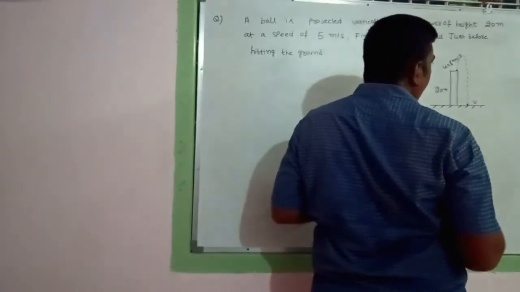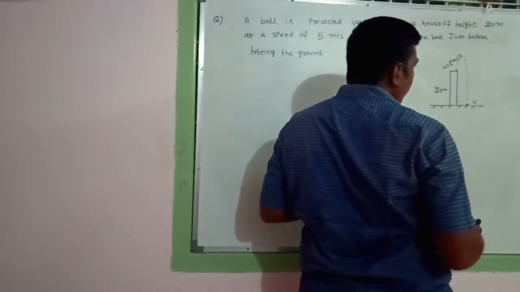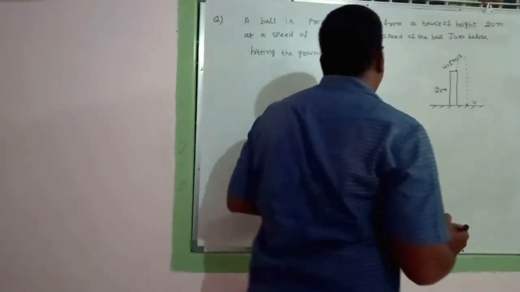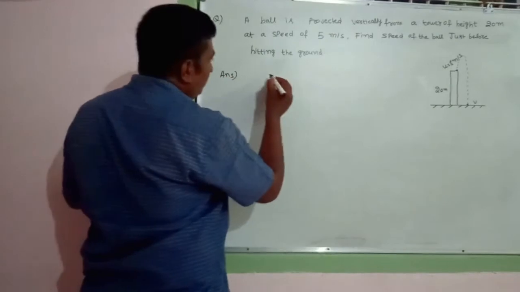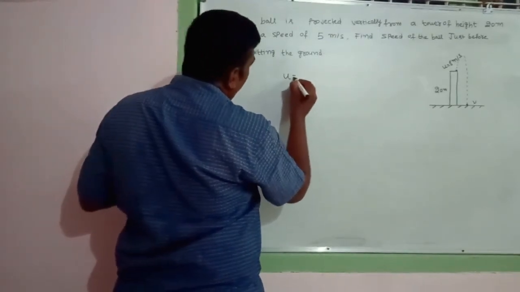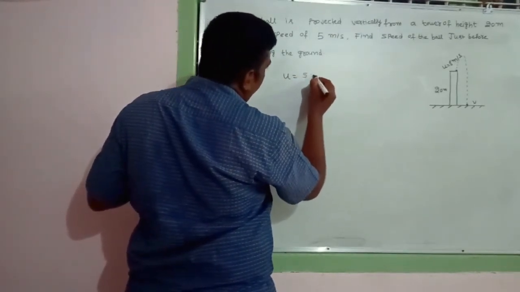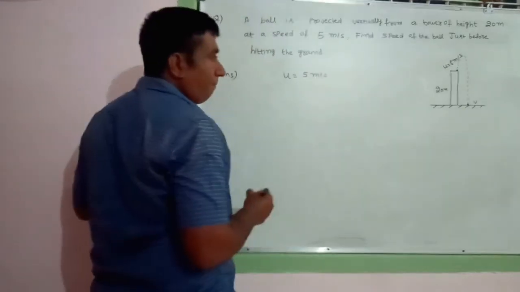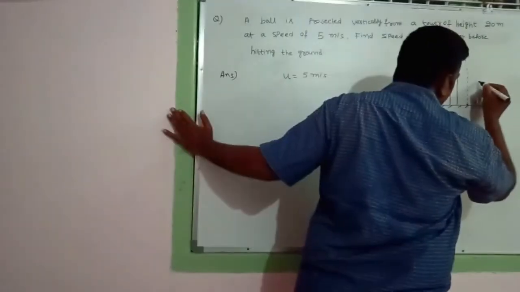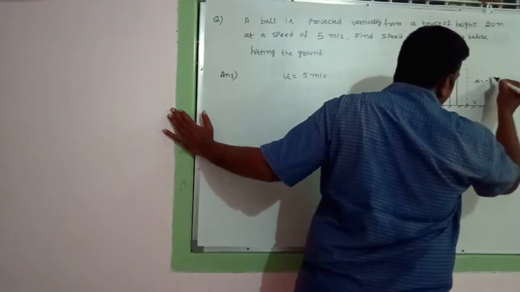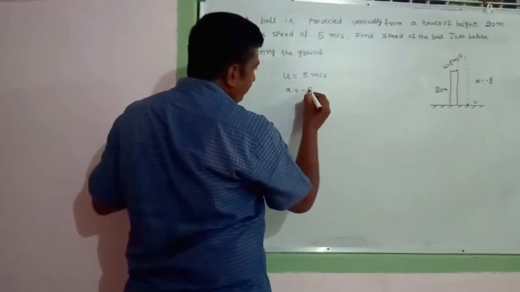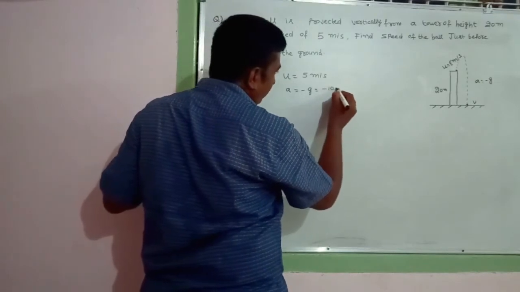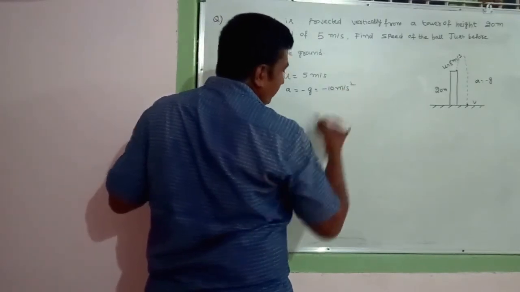Answer: the initial velocity is u equals 5 meters per second, and the object is moving upward in direction, so a is equal to minus g, which is minus 10 meters per second square.